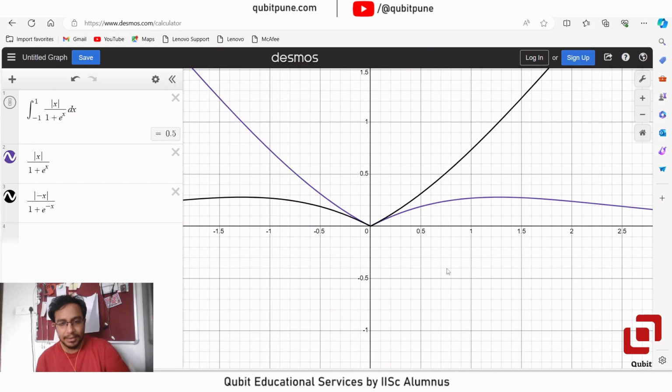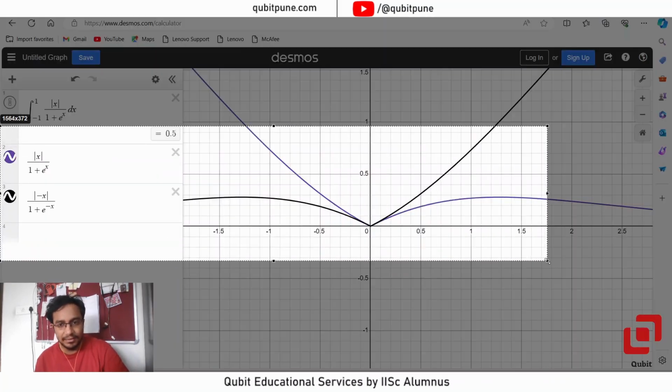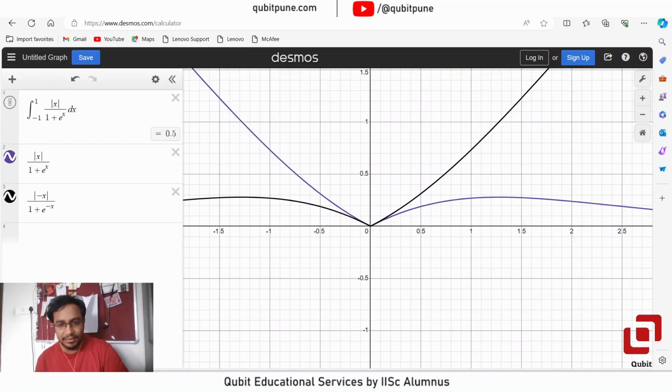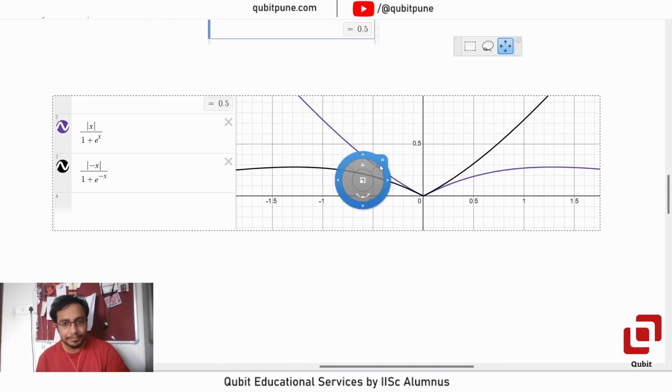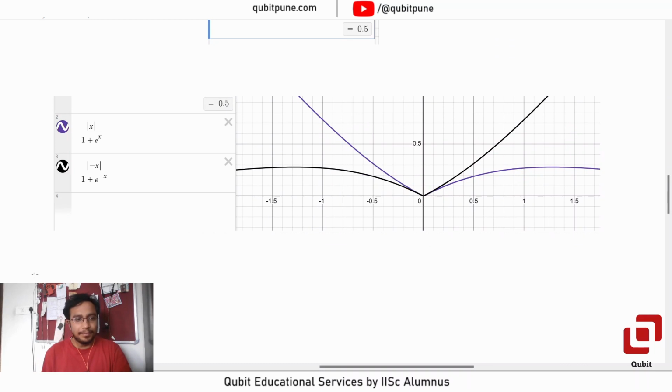Think about it. Let's take this discussion there so that we can plot a few things and draw on the graph. Look, we essentially want the integral from minus 1 to 1.